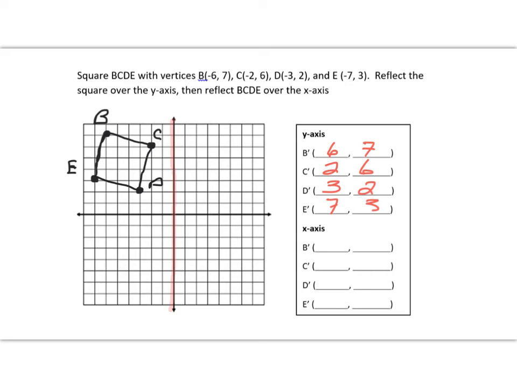Let's go ahead and do it. So 6, 7 is B prime. 2, 6 is C prime. 3, 2 is D prime. And 7, 3 is E prime. That's reflected over the y-axis. Okay, so let's do the next one.